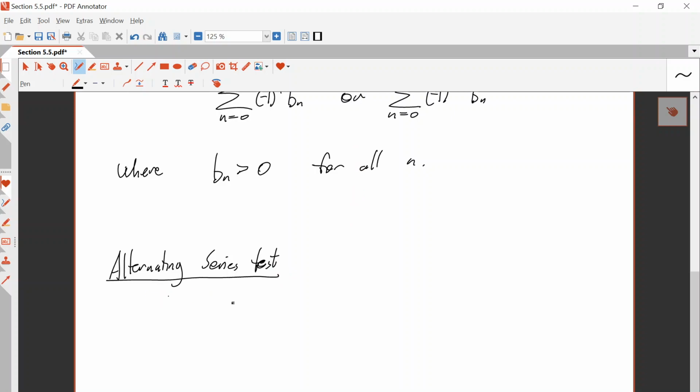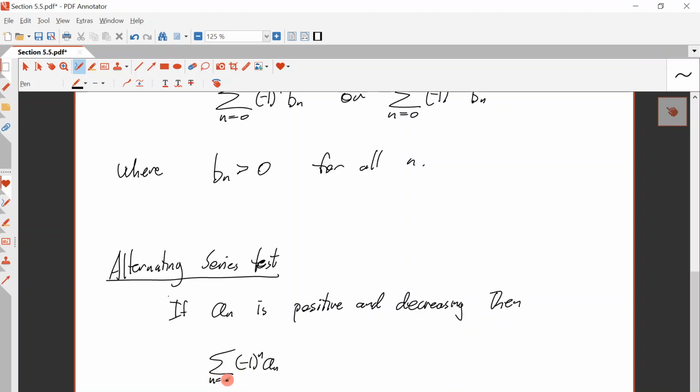If a_n is a sequence that's positive and decreasing, then the sum of (-1)^n a_n, the alternating series, or the sum n equals 0 to infinity of (-1)^(n-1) a_n.